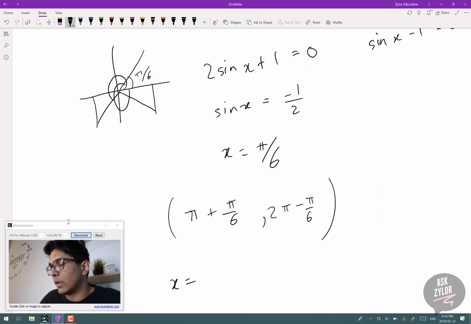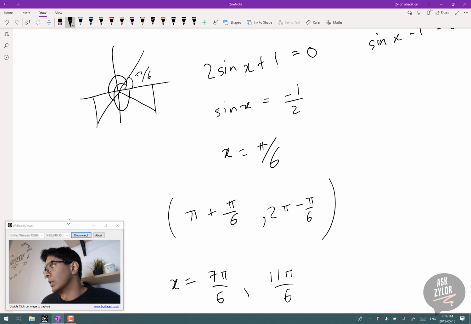So my x could be 7 pi/6, right? Or it could be 11 pi/6, but we need to consider the range given to us, right? It needs to be between -pi and pi.